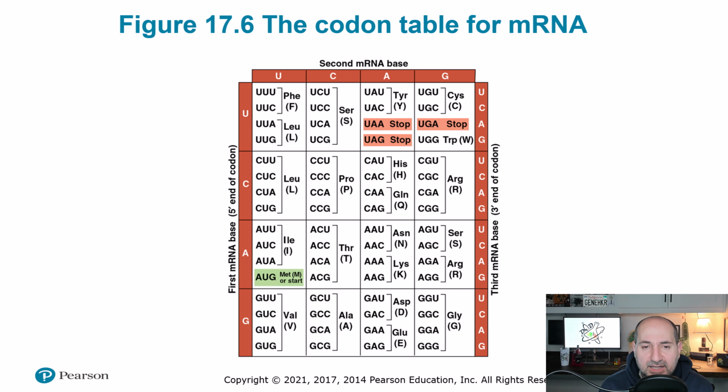Look closely at this codon table and just analyze it for a second. Maybe pause the video and tell me what you think the ribosome would be looking for. Which codon on this table would the ribosome be interested in finding first, do you think?